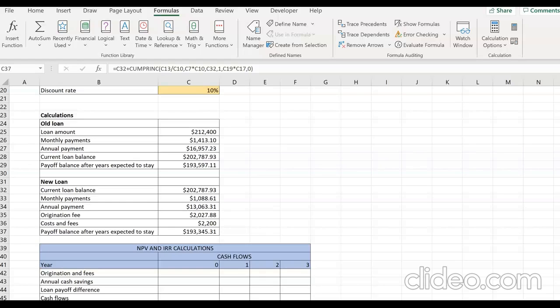To calculate the cost and fee, I multiplied the old loan fee by 1 plus 0.2 as the new fees increased by 20%. To calculate the payoff balance of the new loan, I used the function CUMPRINC to calculate the accumulated principal over the past 3 years, and I subtracted the amount from the certain loan balance.